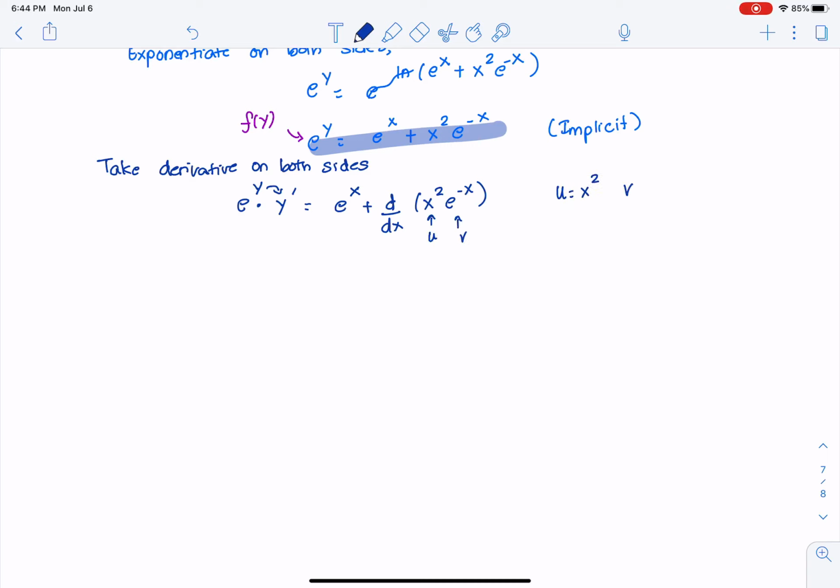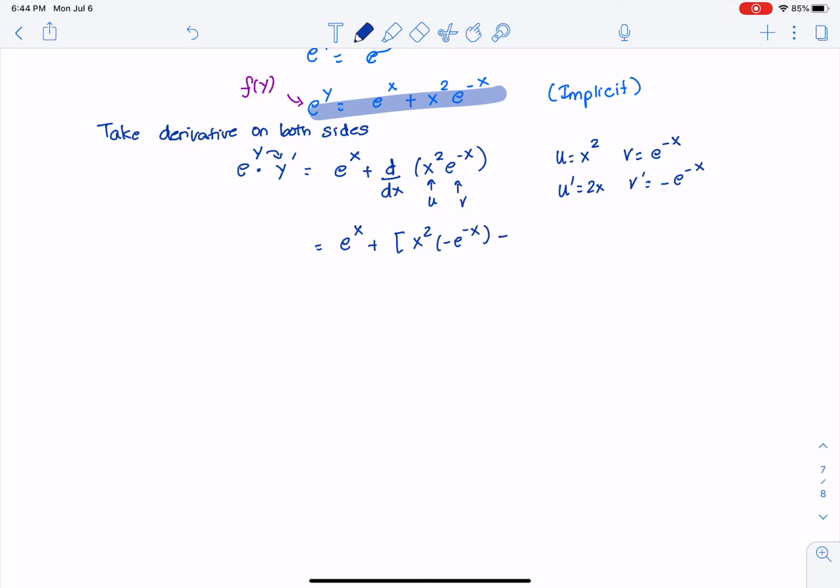U is x squared, v is e raised negative x. U prime is 2x, v prime is negative e raised negative x. So if I use the product rule, I have u v prime plus v u prime.